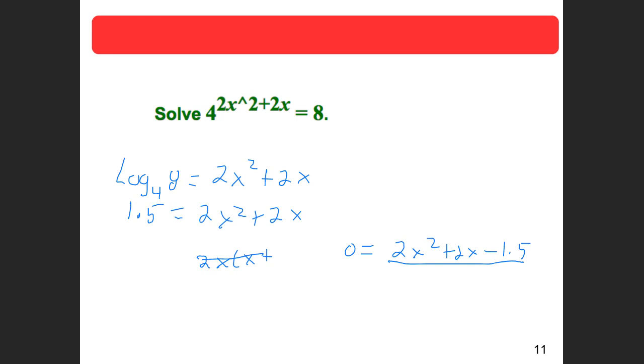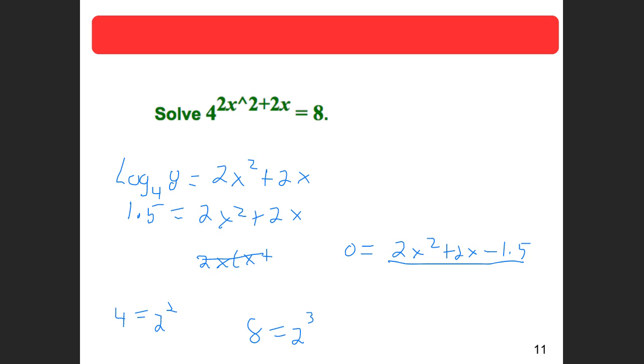So I am going to see if I can solve this a little bit easier. I'm going to see if I can solve it by using common bases. Okay, so 4, I can rewrite 4 as 2 to the second, can I? And 8 I can write as 2 to the third.